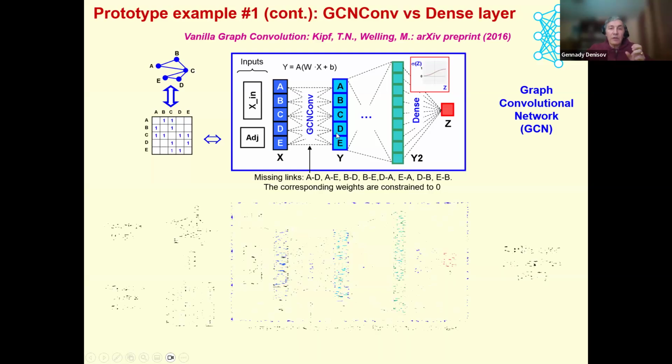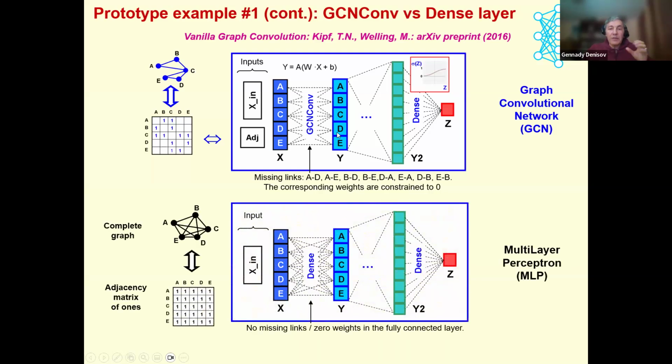For the purpose of comparison, I would present also an alternative model, the multi-layer perceptron model, which is very similar to the model we discussed so far, with the only exception that the graph convolutional layer is now replaced by a dense layer. In the case of a dense layer, all possible links are present.